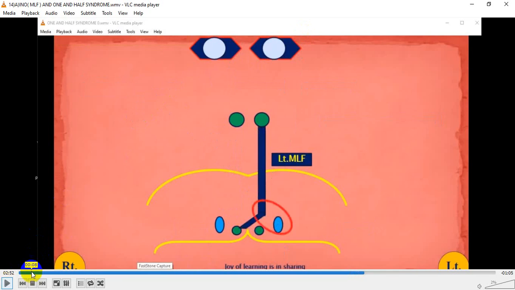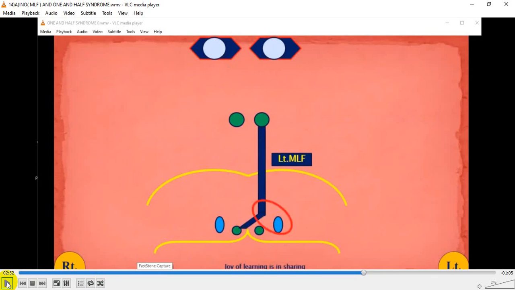Now if you get damage here, that is the PPRF and the left side medial longitudinal fascicle, this is the posterior part of the pons. So if you get damage here, you will have a gaze palsy along with internuclear ophthalmoplegia, and we call that 1.5 syndrome.